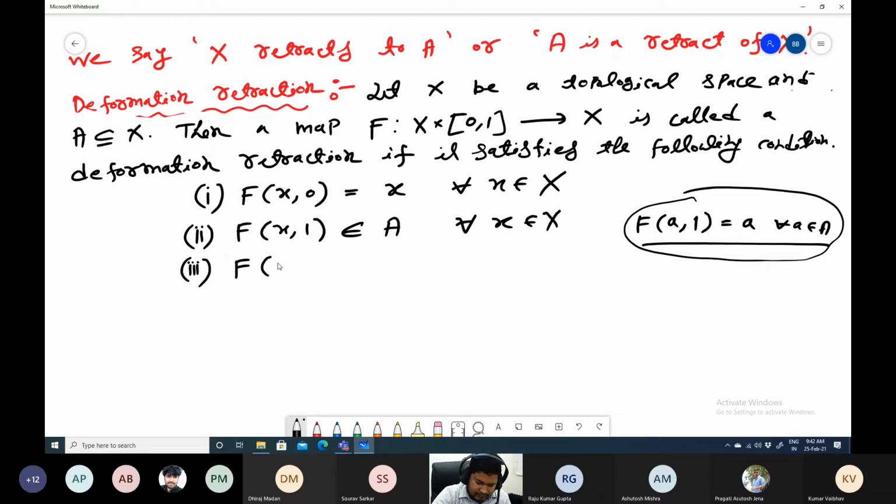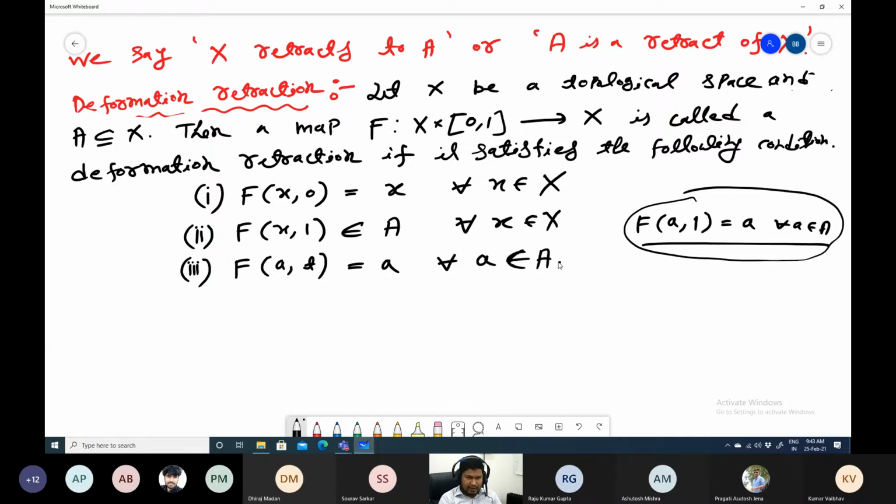That means F of a comma t is a for all a belonging to A. At all times it will be identity on A.